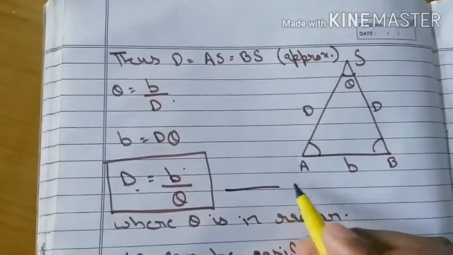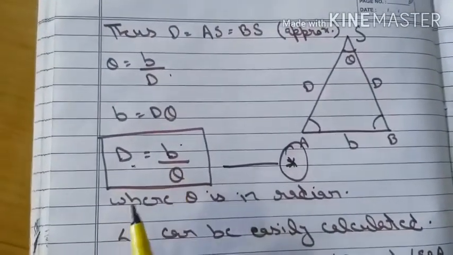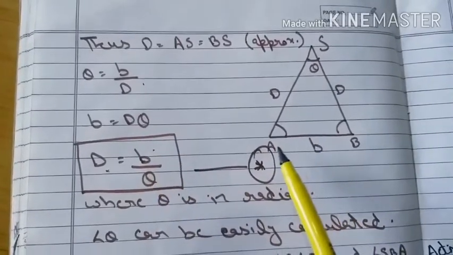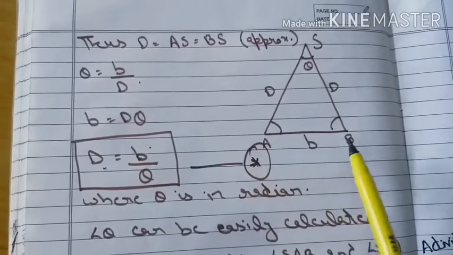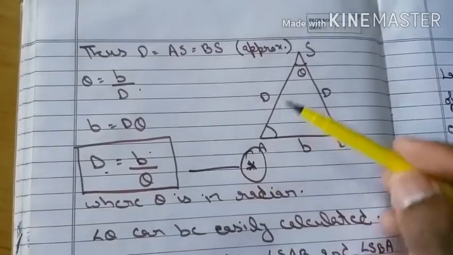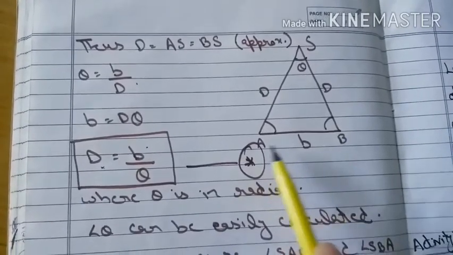So this is a very important relation. Look at that equation. In that equation we can easily calculate b, which is the distance between two observation points. We can measure b because we are observing the planet from the Earth.